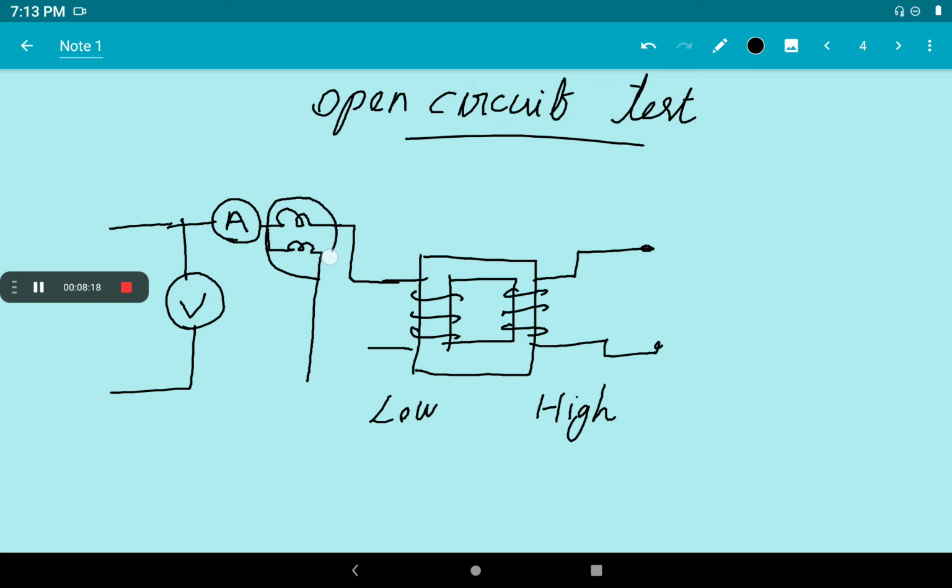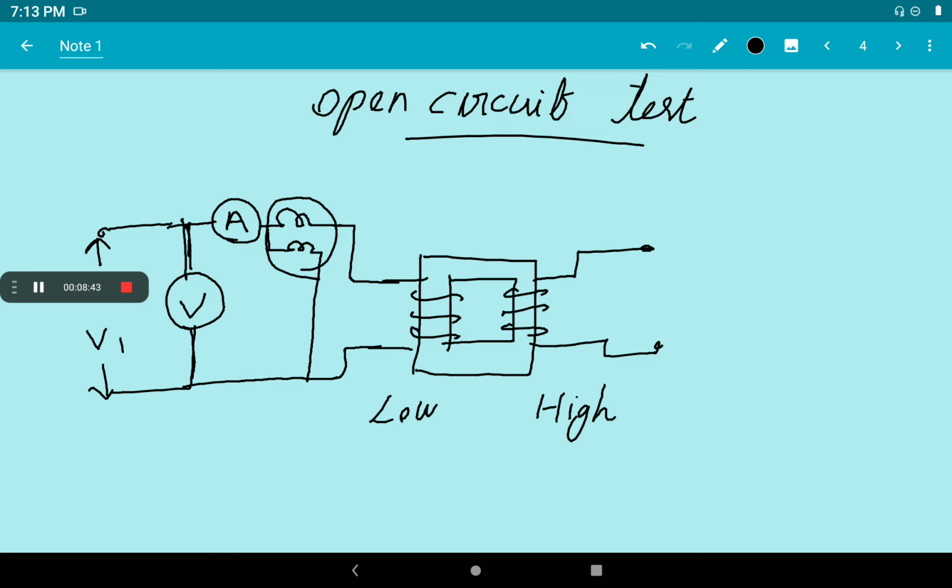The voltmeter is always connected in parallel to the circuit. The applied voltage is V1. To measure the input voltage a voltmeter is connected, an ammeter to measure the current, and a wattmeter is connected across the primary.